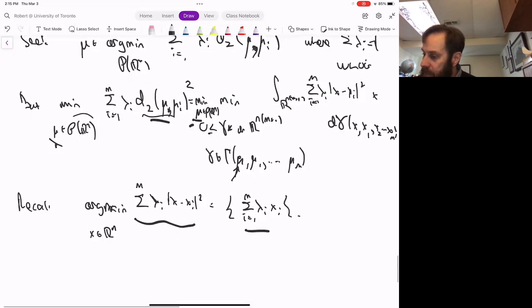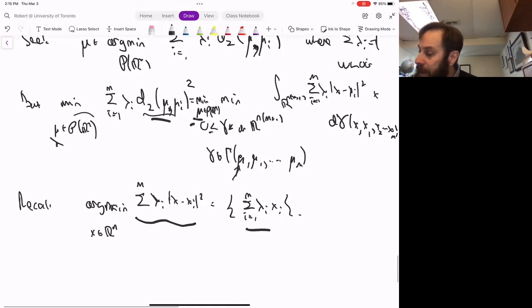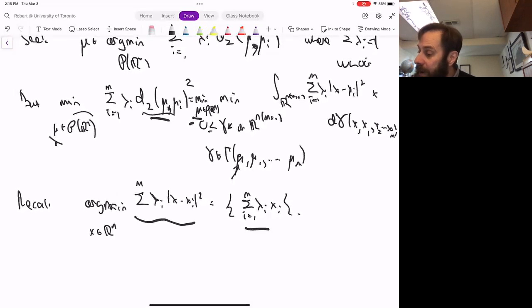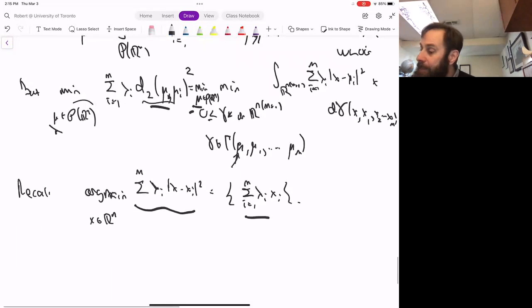So basically what I can do is think about what happens to the integrand here if I minimize with respect to x for fixed x1 through xm.